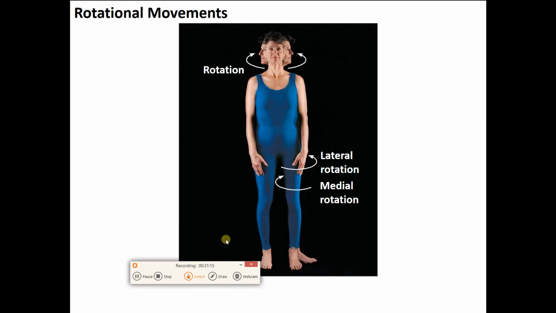We are getting close to being done. We just have to do a few more. Rotational movements. This is where we move about an axis. Think about rotating your head to say no. You can also rotate your arm and leg. Like the way she's spinning her foot out and then back forward. Do the same thing with your hand.